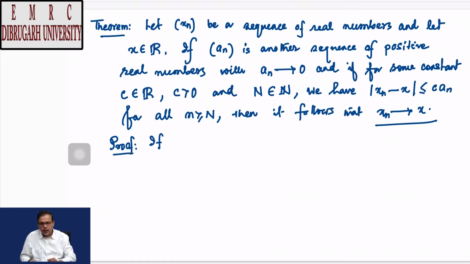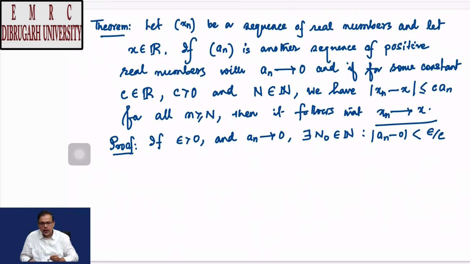If epsilon is greater than 0 and an tends to 0, there must exist some n naught in the set of natural numbers such that |an minus 0| should be less than epsilon by C for all n greater than or equal to n naught. And this is coming from the definition of a convergent sequence.